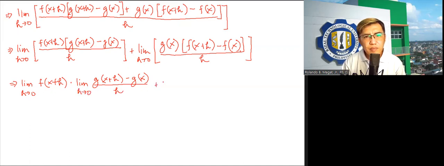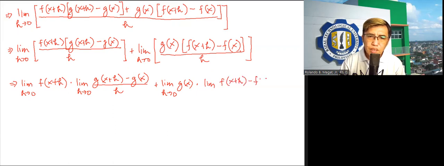Okay. Last we have here the limit of g of x as h approaches 0 times the limit of f of x plus h minus f of x over h as h approaches 0. Okay.